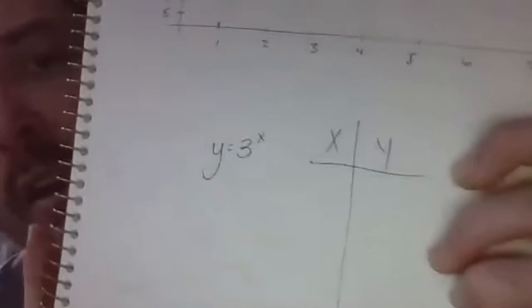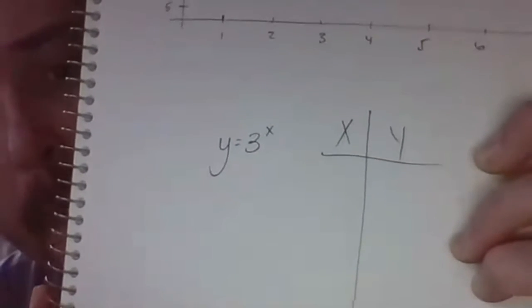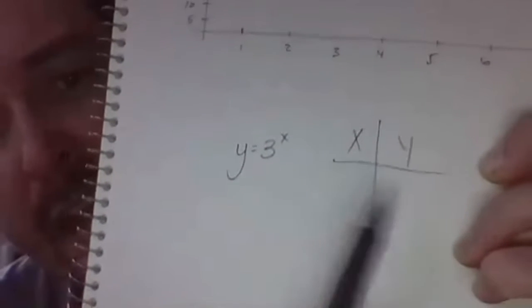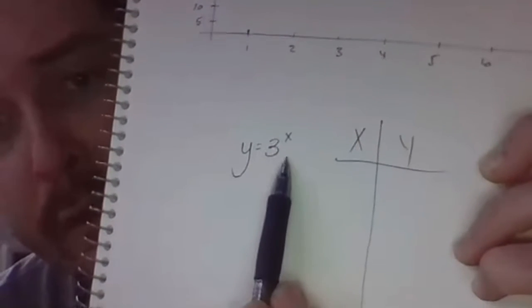All right, now here's another way of exponents affecting our lives. We have, instead of x to the power of 2, we have 3 to the power of x. In this situation, we can have our exponent changing and our base staying the same.